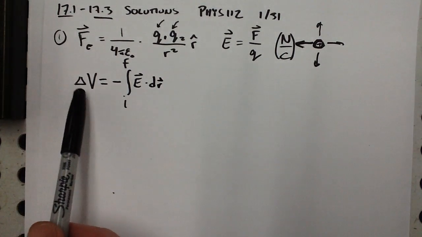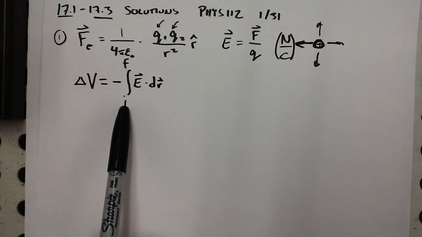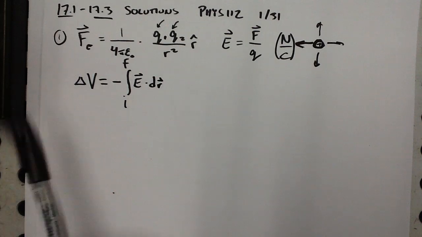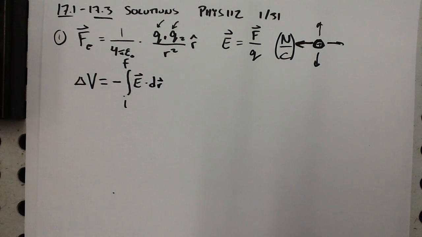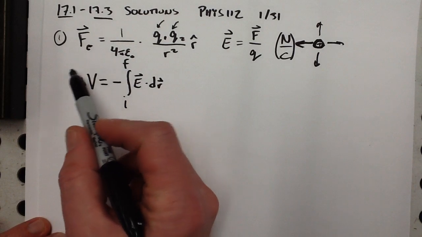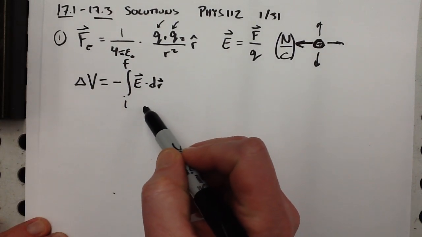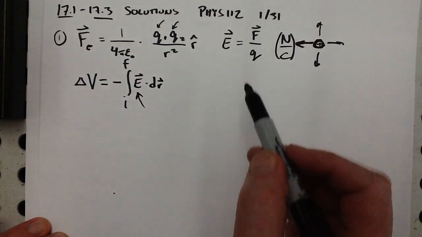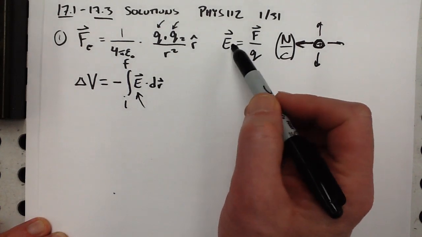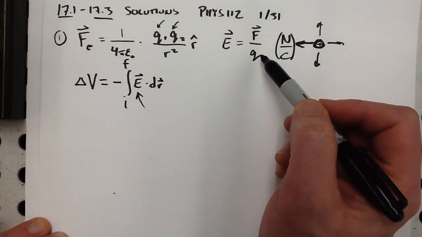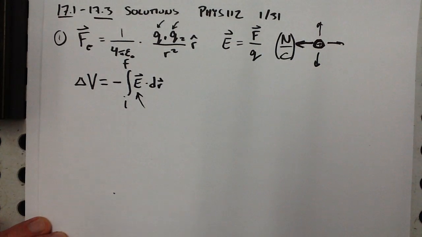The potential difference is equal to the opposite of the integral from an initial to a final position of the electric field with respect to position. And lots of things come from this. Just like in chapter 16, what we end up with here depends on the electric field, and the electric field depends on the distribution of charge. So this can take different forms.